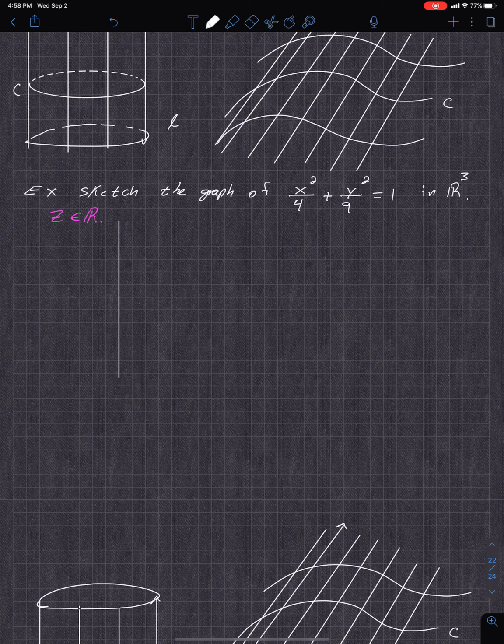So in 2D, what would that be? Okay, and that would be an ellipse, right? So you have an ellipse, and underneath the x variable is 2 squared and 3 squared. So we're going to do along the x-axis 1, 2, 1, 2, and the y would be 3, like that.